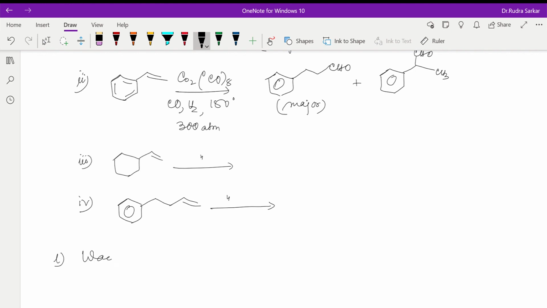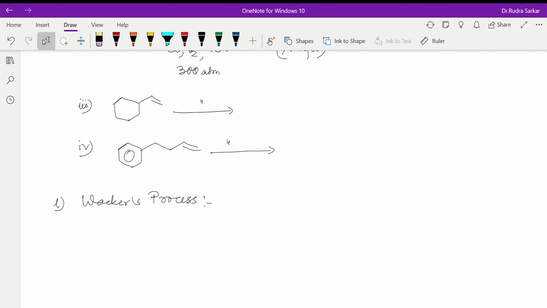Now, this is known as Wacker's process. The above one and this one both are industrial processes. Here the reaction converts alkenes to carbonyl compounds.